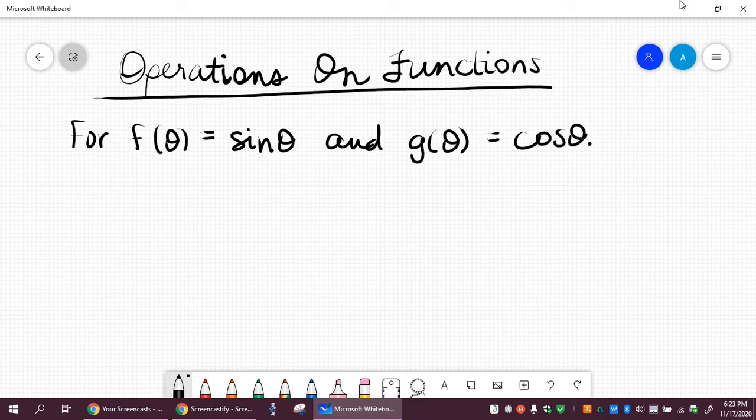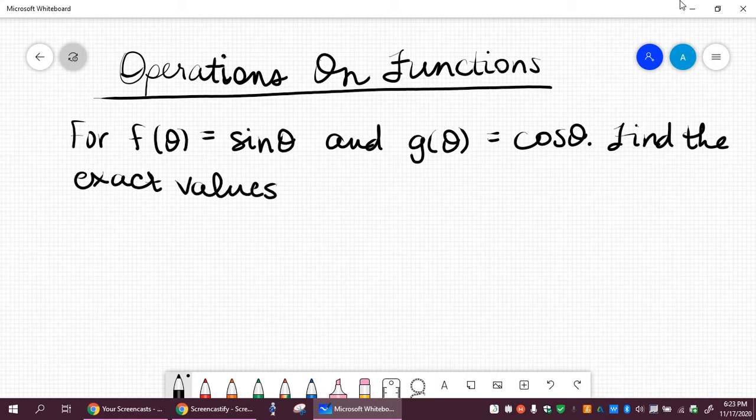All right, so that's our given information. Find the exact values of each function, and do not use a calculator.